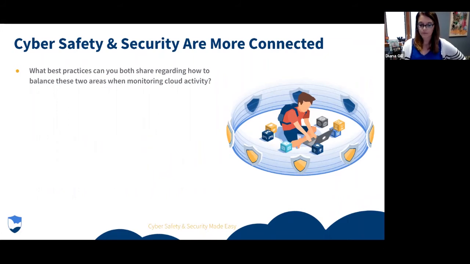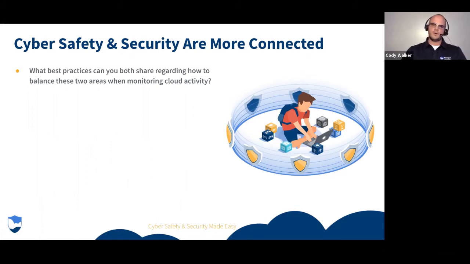Okay, Cody. Yeah, in regards to monitoring the cloud activity, try to remain unbiased. I don't remember who said it a little while ago, but you're going to come across some stuff that you do not like seeing. You're going to come across some things that are pretty ugly. Don't take the data at face value.